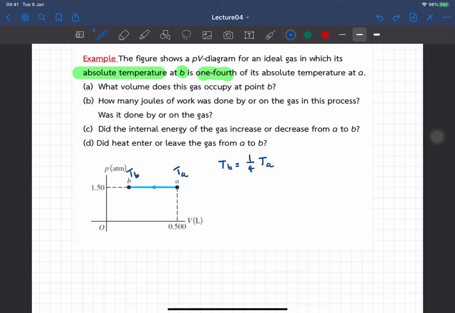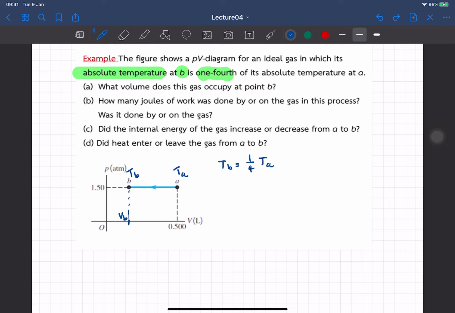But the thing is that we don't know how much gas we have. We don't know how many molecules, how many moles. So we don't have enough information here. But what we have is enough to calculate the volume at point B, VB. And that's essentially what is being asked in the first sub-question.